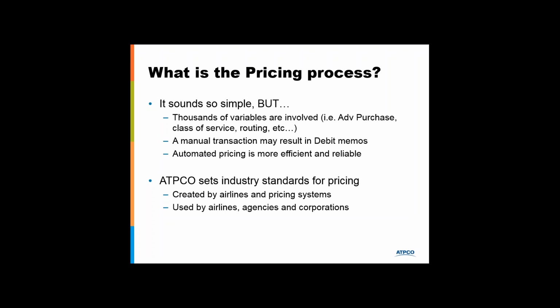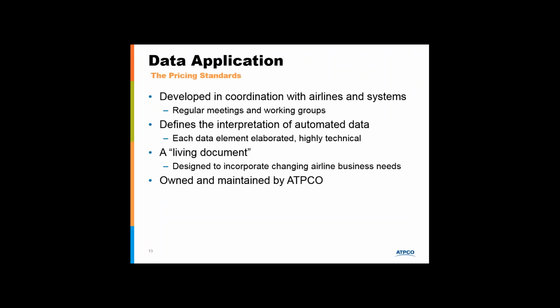And what we have created, because we have these standard formats that data goes in and then out from our database, that we have established in pricing standards documentation that a pricing system uses to interpret what airlines have put into our database. For interpretation, this could be, for example, a 5-day advance purchase. How should they measure that, and how do they get that to automate in their system?